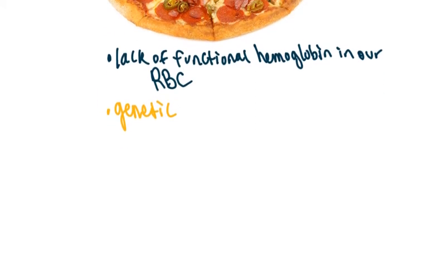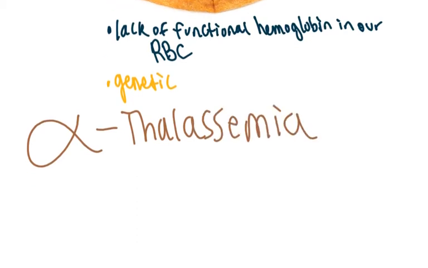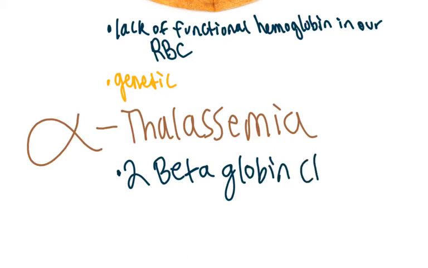So if we have alpha thalassemia, that would mean that person would have a mutation in one of their genes that ends up coding for only two beta globin chains and one alpha globin chain.